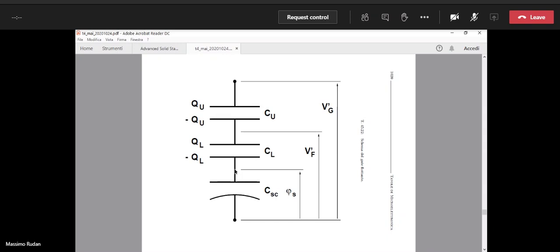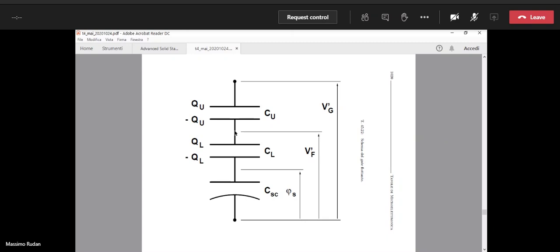By injecting the charge, we modify the value of the surface potential phi s. And of course, we modify also the value of the electric potential that is indicated with Vf prime.